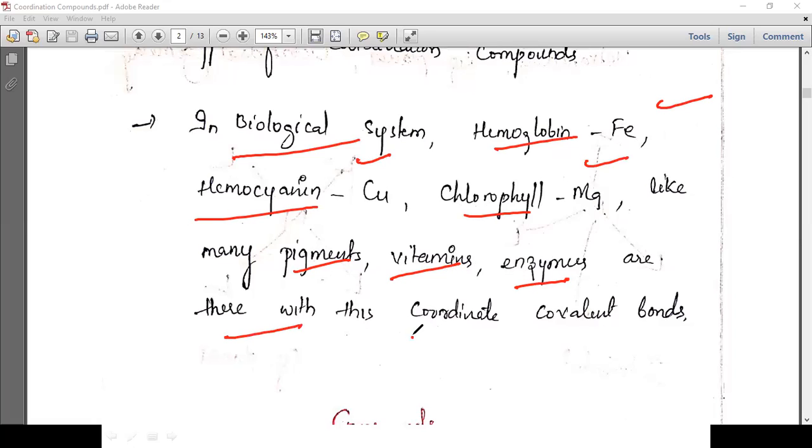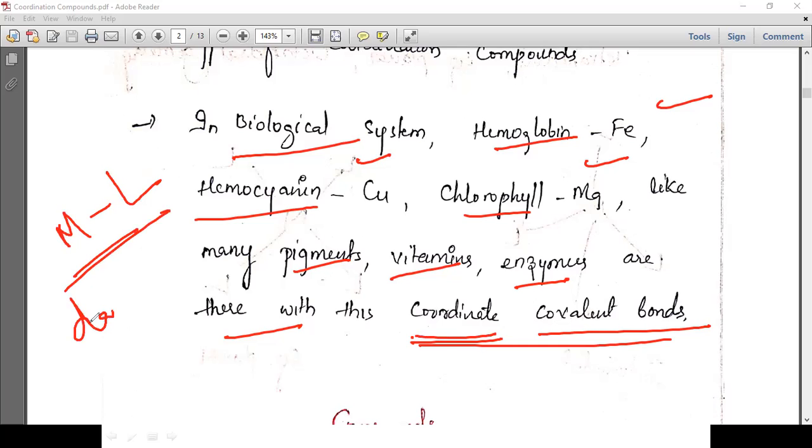These types of compounds are called coordinate compounds or complexes, and they have a coordinate covalent bond, and the bond between the metal and the ligand is called a dative bond.